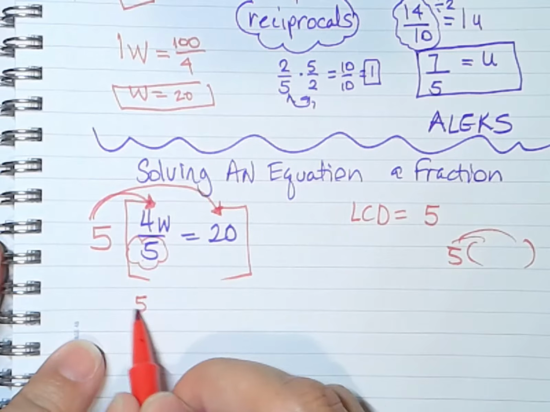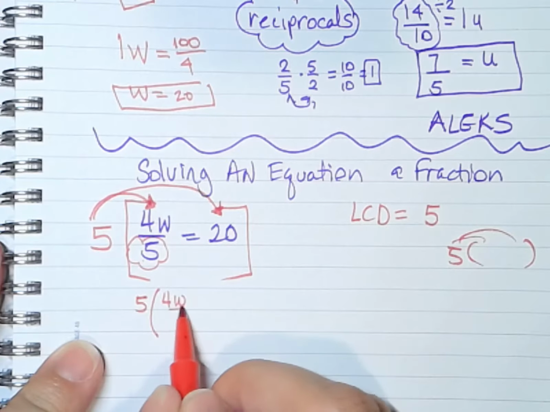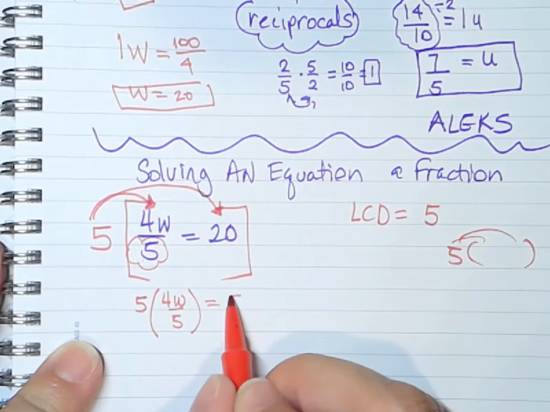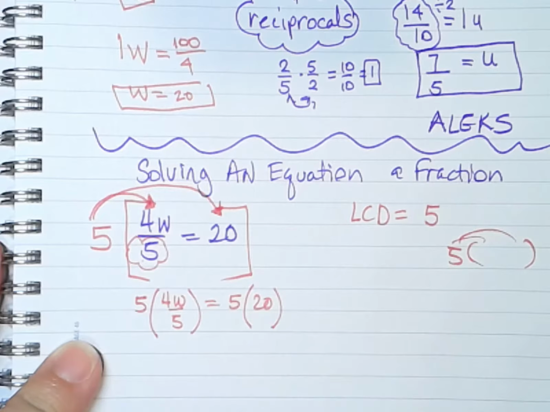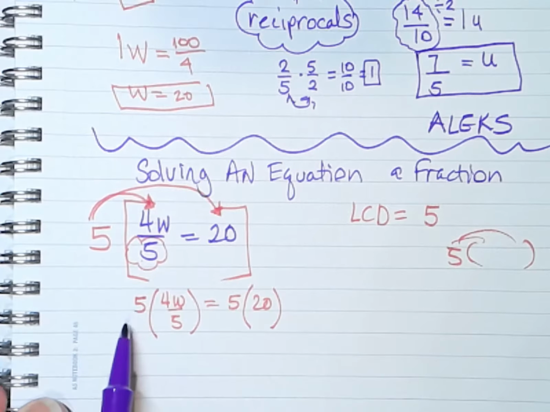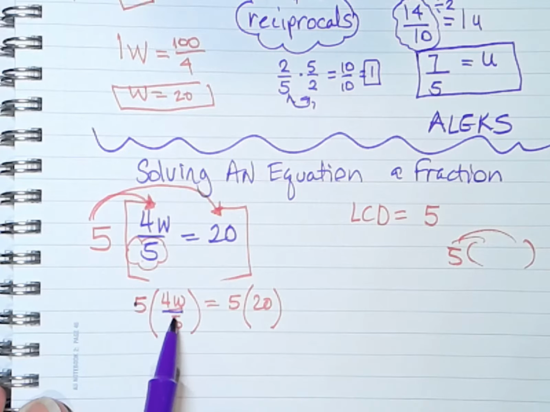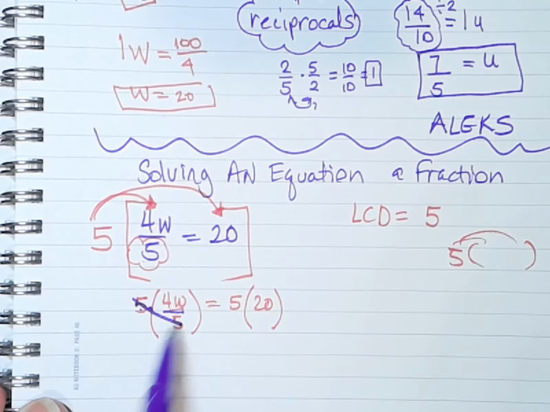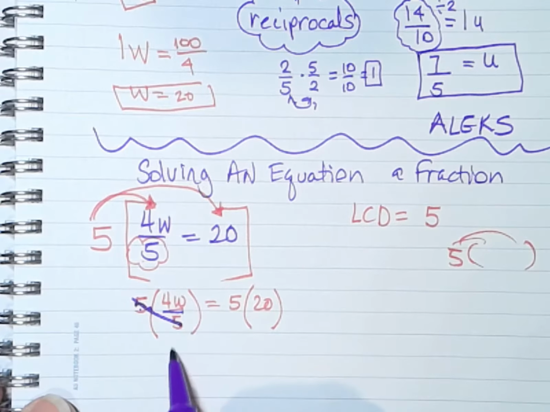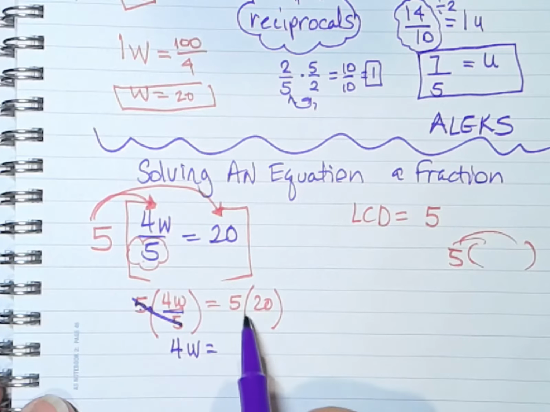So I write it out, 5 times 4w over 5 equals 5 times 20. So now what I've done, notice I have a multiply by 5 and a divide by 5. Those guys cancel each other out. So that's going to leave me 4w is equal to 5 times 20, which is 100.